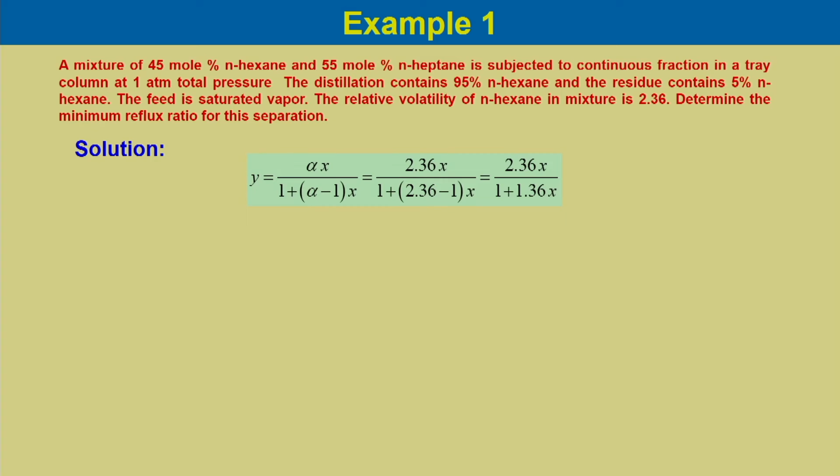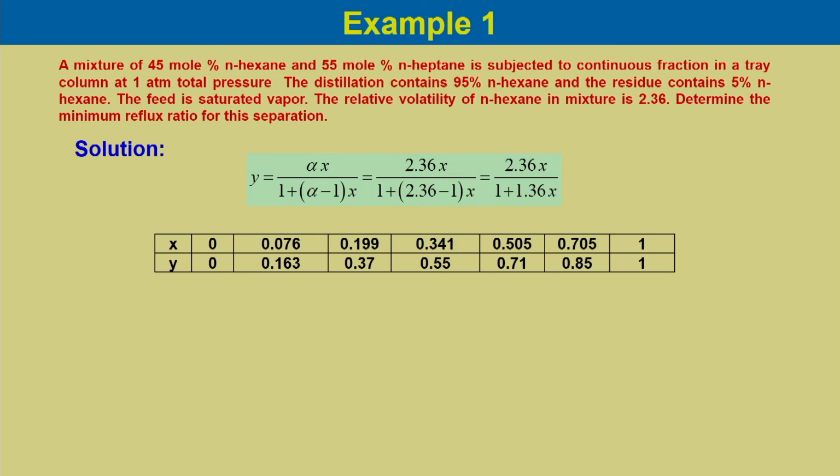Now, with this we can get the values of x and y, and we can also calculate xd by Rm plus 1 from the intersection point, which is 0.26. Then Rm we can calculate as 0.95 by 0.26 minus 1, which would be 2.65.